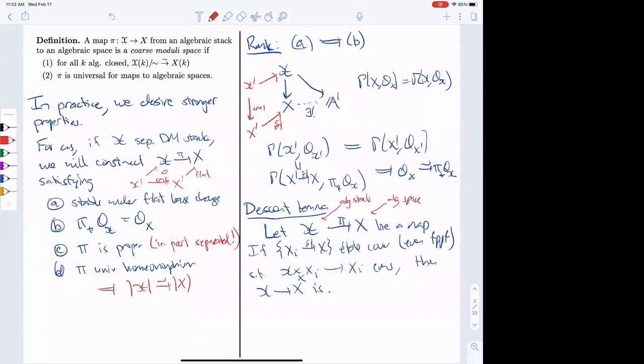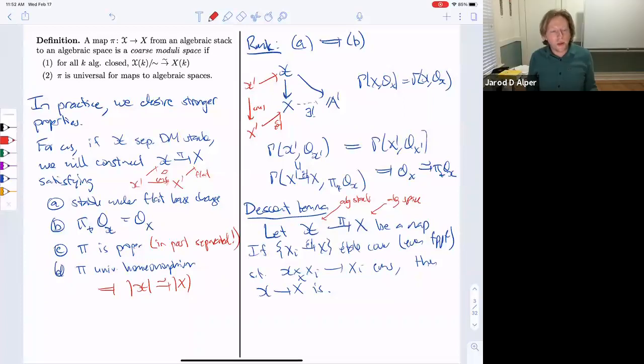So the Keel-Mori theorem will apply to M_g once we show that, and this will be our ticket to show the existence of a coarse moduli space for M_g and M_g bar. But I'm putting off the separatedness until we discuss stable reduction because the ideas are similar.